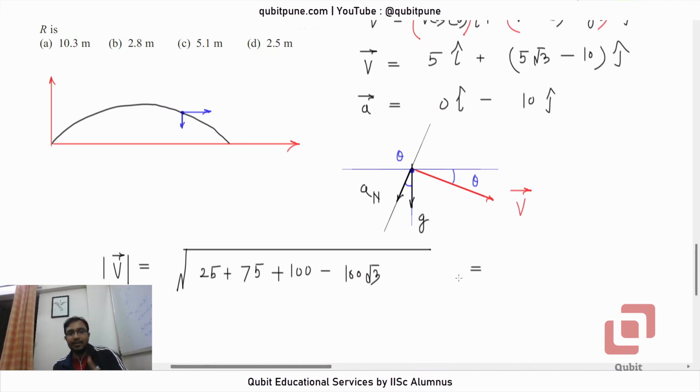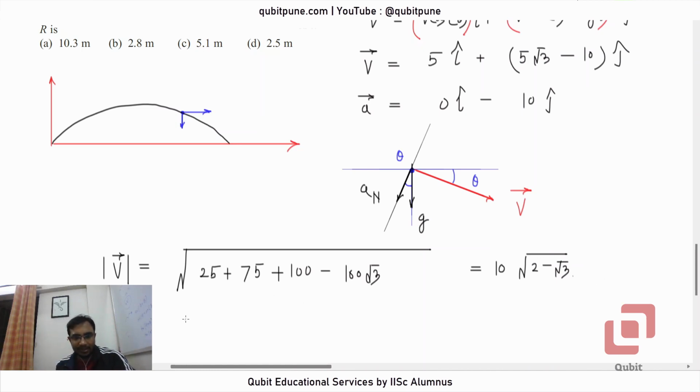So 25 plus 75 is 100, 100 plus 100 is 200, and 200 minus 100 root 3. Take 100 common, so it will be 100 into bracket 2 minus root 3. Is that correct? Yes, so that is the magnitude of the speed.